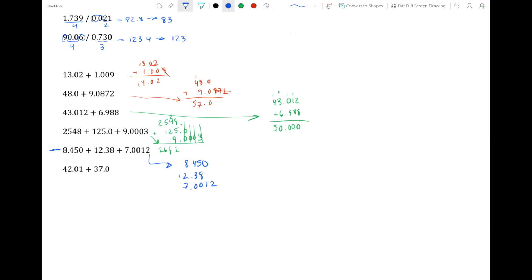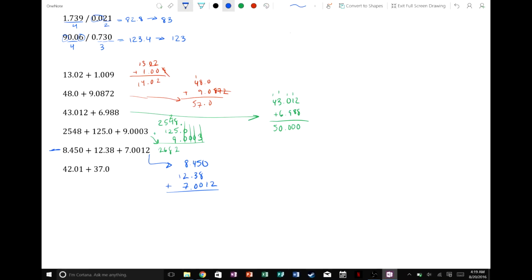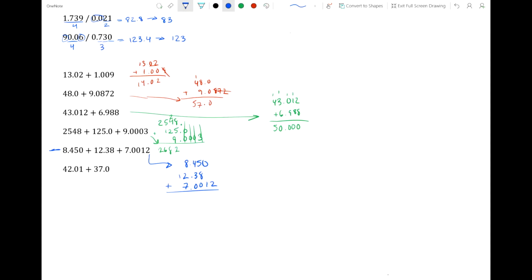Alright, now, as you may have guessed, we're only going to consider the tenths and hundredths place, for there's nothing in the thousandths place in this 12.38 number. So let's go ahead and forget about this, and forget about the 0. So 5 plus 8 is 13. Carry the 1, makes 8. So 7 plus 2 is 9, plus 8 makes 17, which makes 27.83. Alright?